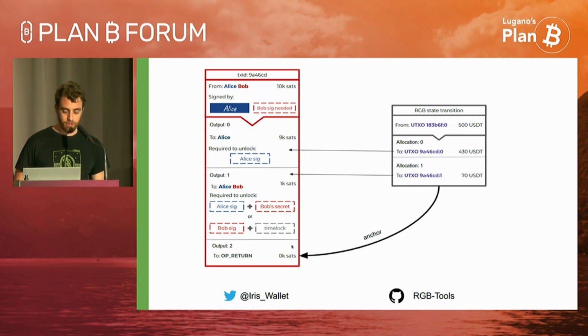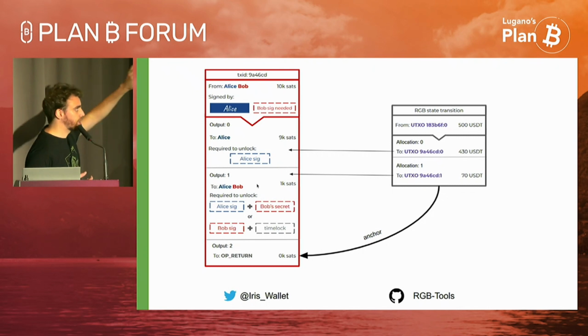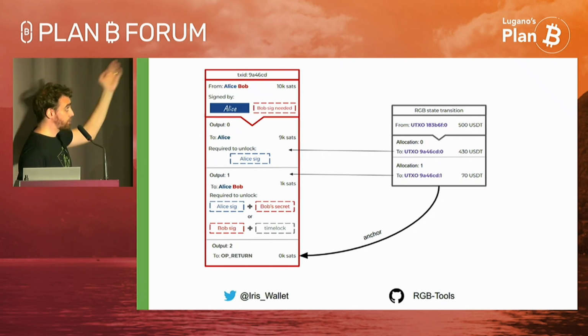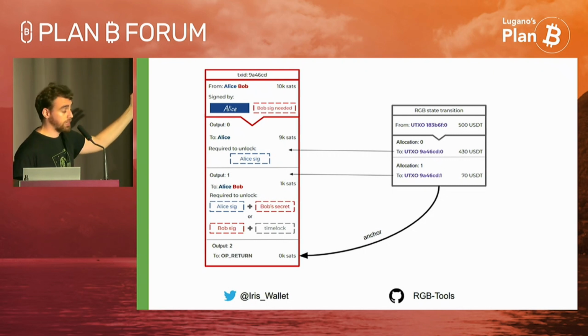And what we add for RGB is that we create a new state transition that moves those 500 USDT that were in the multisig towards the outputs that are created by the Lightning commitment transaction of the channel update. So this is just like normal Lightning stuff. We have the first output that contains both the Satoshi and now also the RGB asset that can be taken unilaterally by Alice.